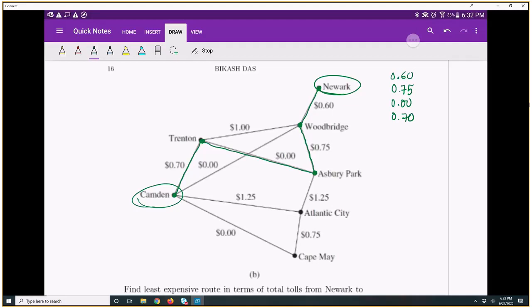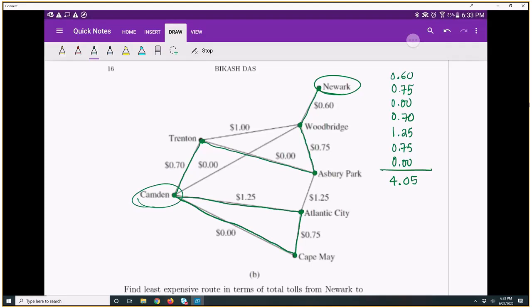Now, the cheapest road to take would be back to Woodbridge, but this is a city we've already visited, so our algorithm would tell us next we would go to Atlantic City, and then to Cape May, and back to Camden. So all in all, we'd have $4.05. And this does look like the cheapest that we could go.